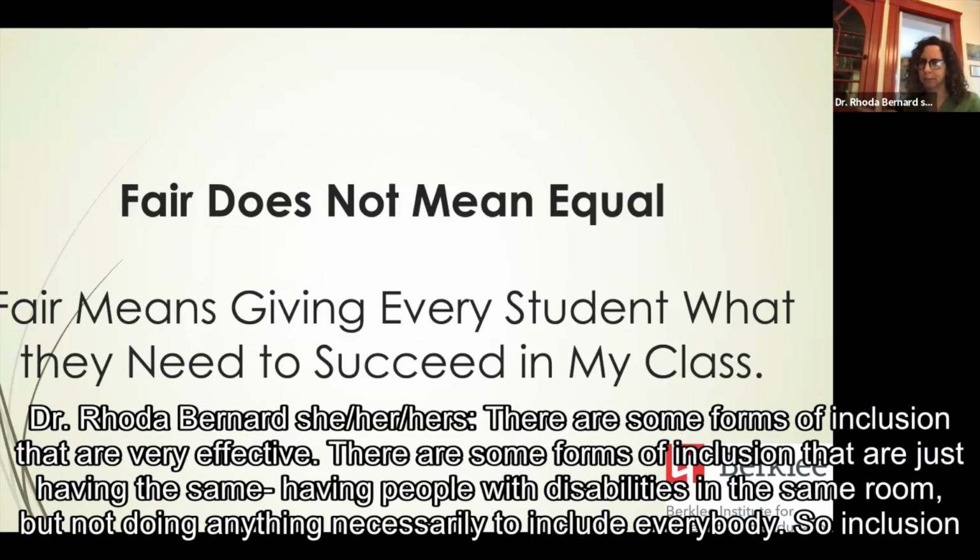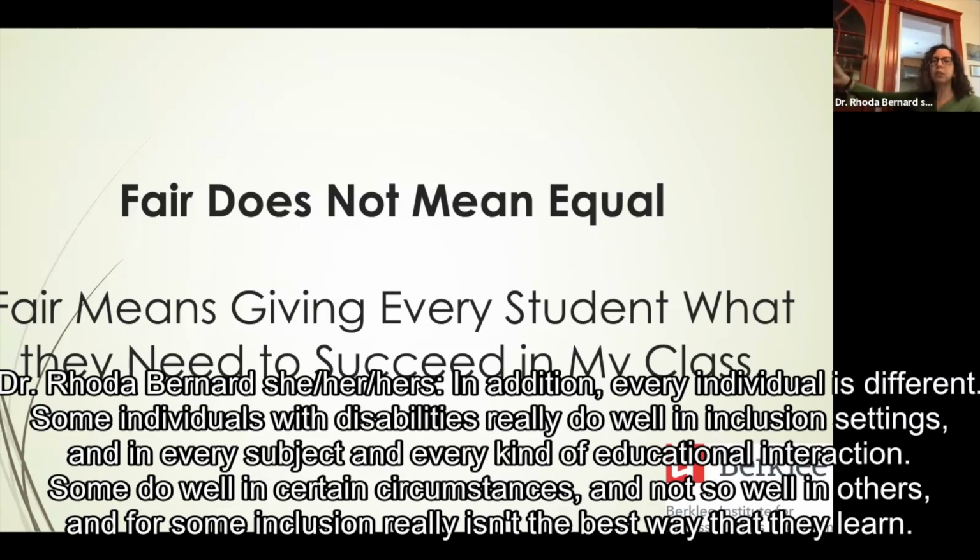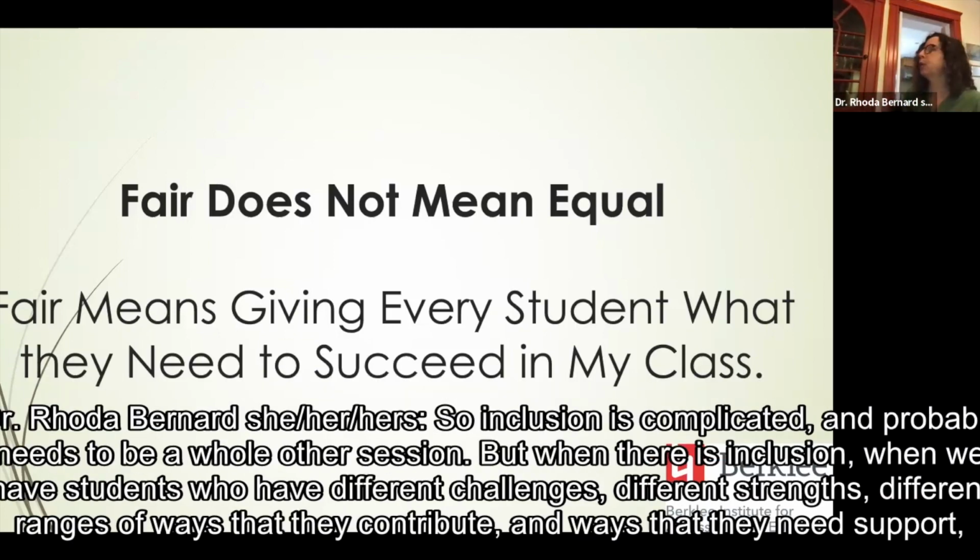So inclusion is not always the same. It plays out differently and has different levels of effectiveness. In addition, every individual is different. Some individuals with disabilities really do well in inclusion settings and in every subject and in every kind of educational interaction. Some do well in certain circumstances and not so well in others. And for some, inclusion really isn't the best way that they learn. So inclusion is complicated and probably needs to be a whole other session.